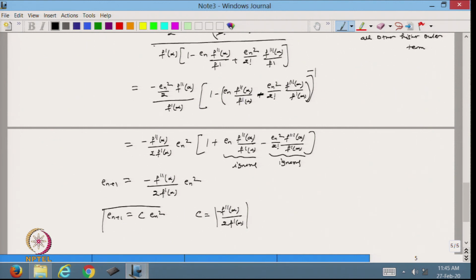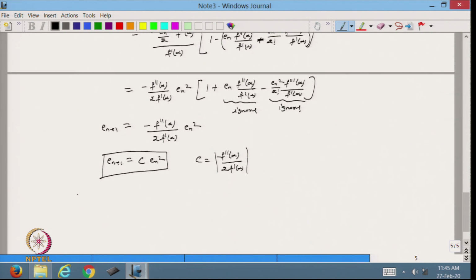So, based on this one I can write that this Newton-Raphson method can be written in this form, and from here I can say that the Newton-Raphson method is a second order method, or we can say that in this case my p is 2.